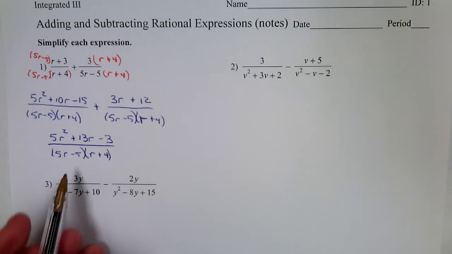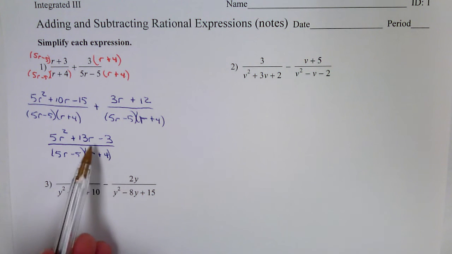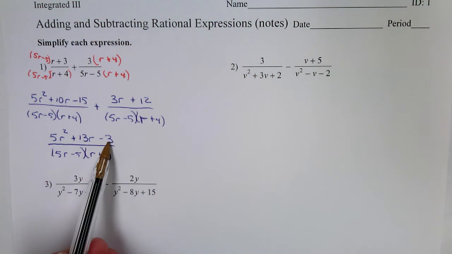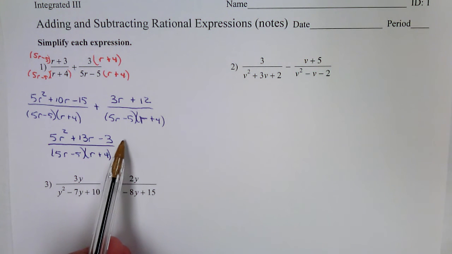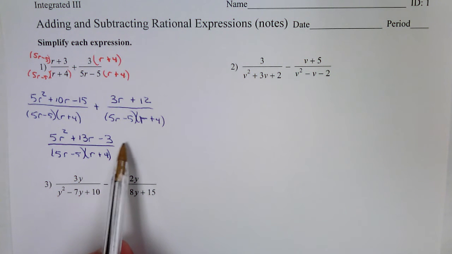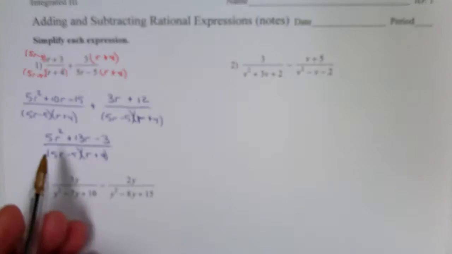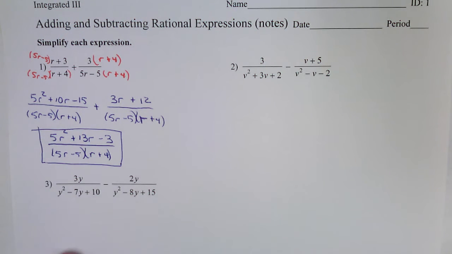The one thing you want to make sure that you do when you're doing these is to see if you can factor and simplify any further after you do this. We could try to factor this down to 5r squared plus, let's see, minus 1 and 5r minus 3 would get us close, but it doesn't factor. So that, ladies and gentlemen, would be our final answer.